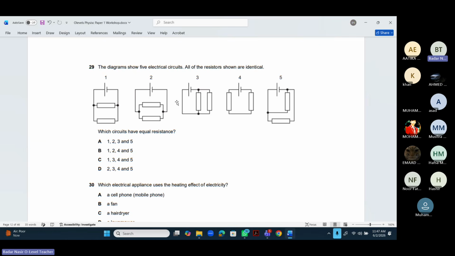So अगर हम देखें बेटा तो ये दोनों रेजिस्टर्स आपस में पैरेलल में हैं और उसने कहा है रेजिस्टेंस आइडेंटिकल है. ये भी पैरेलल में है तो ये तो सेम है. ये दोनों भी रेजिस्टर आपस में पैरेलल हैं, ठीक है, और ये आपस में सीरीज हैं. और ये देखो यहां से करंट आएगा, इधर दो पार्ट में डिवाइड होगा तो ये भी पैरेलल है और ये तीनों भी पैरेलल हैं. तो उसने आपसे पूछा which circuits have equal resistance: 1, 2, 3 and 5. So the correct option is A.